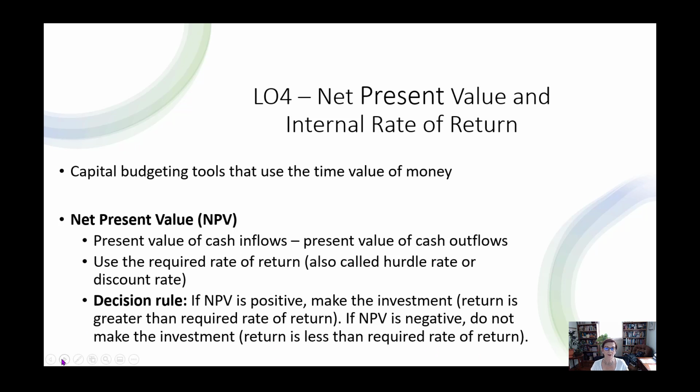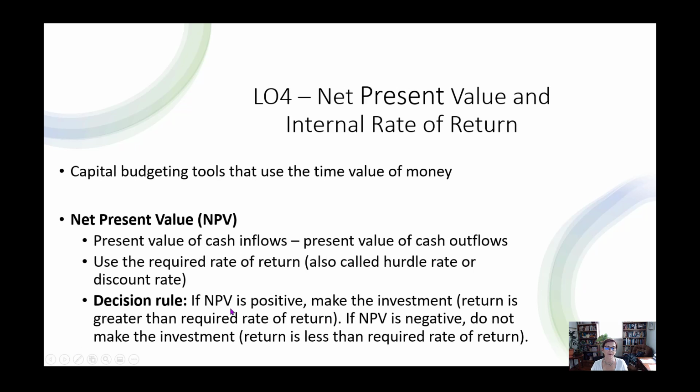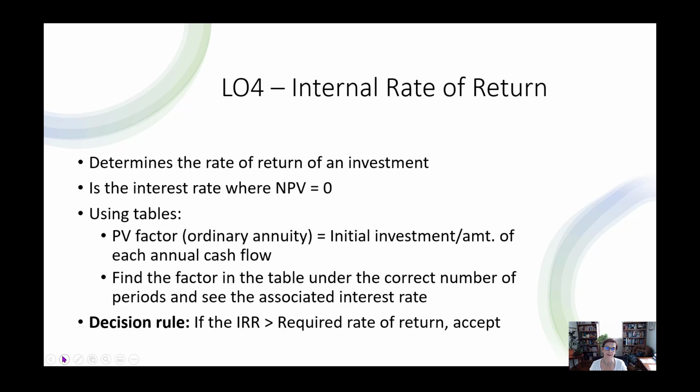Now let's take a look at our last tool. Our last tool is internal rate of return. The internal rate of return determines the actual rate of return of an investment. Now remember here, what we find out is if it's higher or lower than the required rate of return, but we don't really know what the exact return is on the investment. That's what internal rate of return tells us.